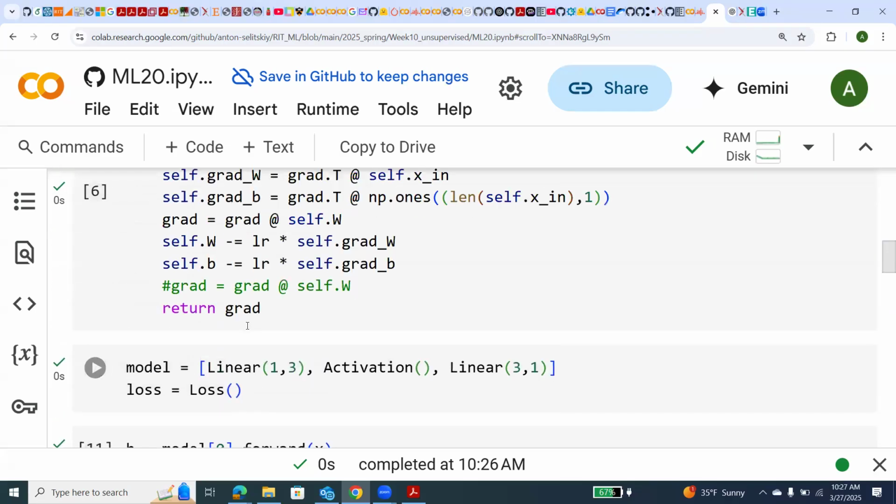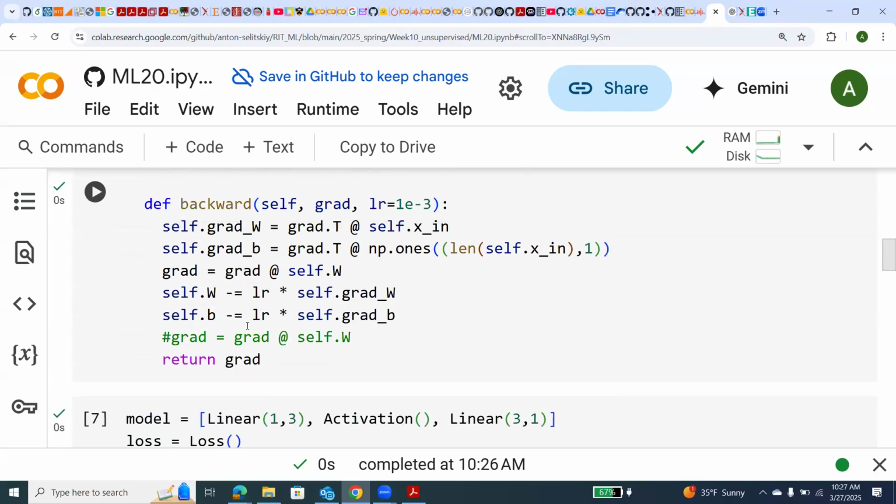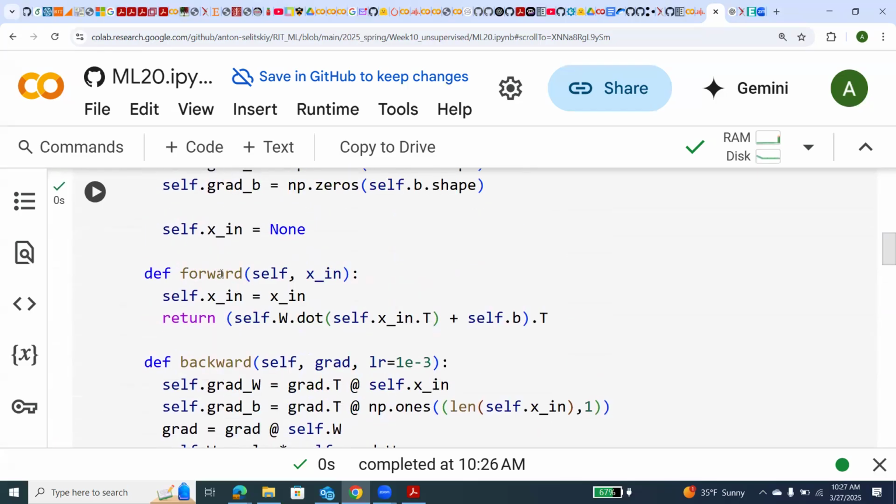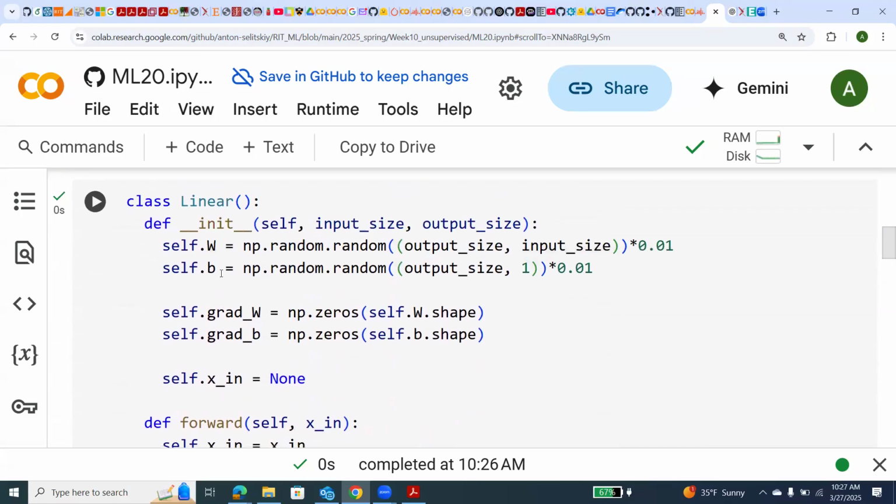So when we apply, oh, okay, a big linear.